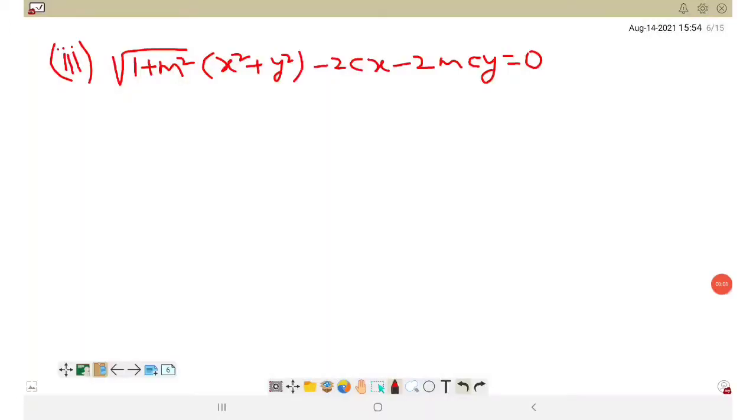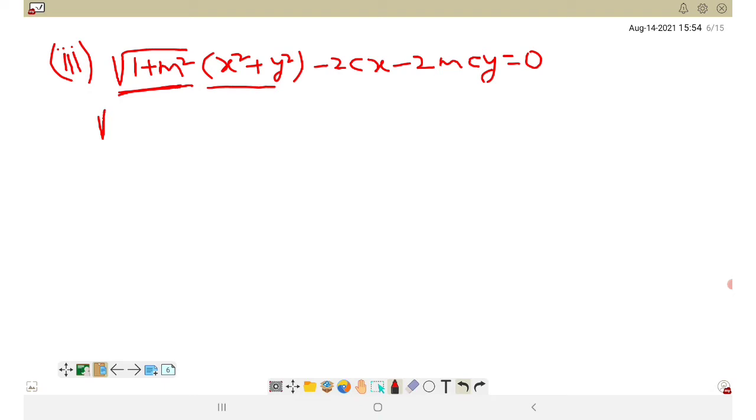Next, third one: find the center and radius of the circle. Square root of 1 plus m square into x square plus y square minus 2cx minus 2mcy is equal to 0. Now multiply with square root of 1 plus m square into x square plus y square.